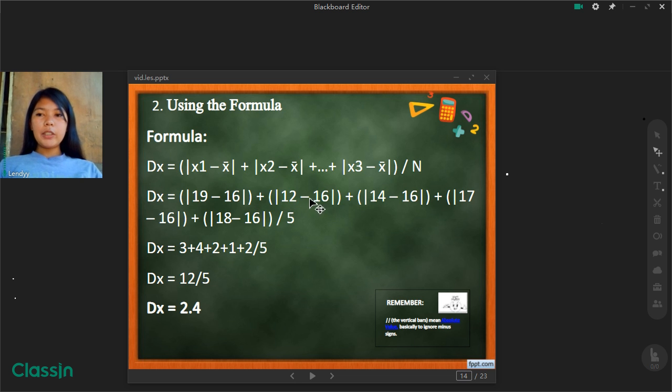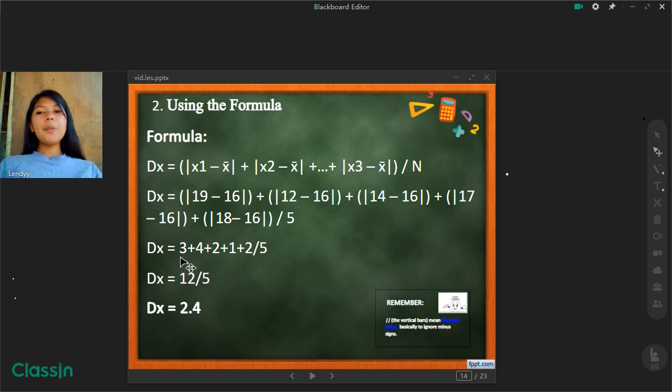And 12 minus 16, 14, and so on. So we have the result for 19 minus 16 is equal to 3, 12 minus 16 is equal to 4, 14 minus 16 is equal to 2, and 17 minus 16 is 1, and 18 minus 16 is 2.